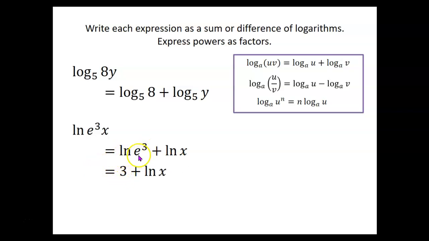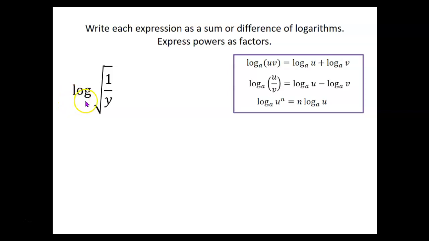Because remember, ln of e to the anything is that thing. The ln, the natural logarithm function, undoes what the e exponential function does. So ln of e to the 3 is just 3. So we've got 3 plus ln of x.